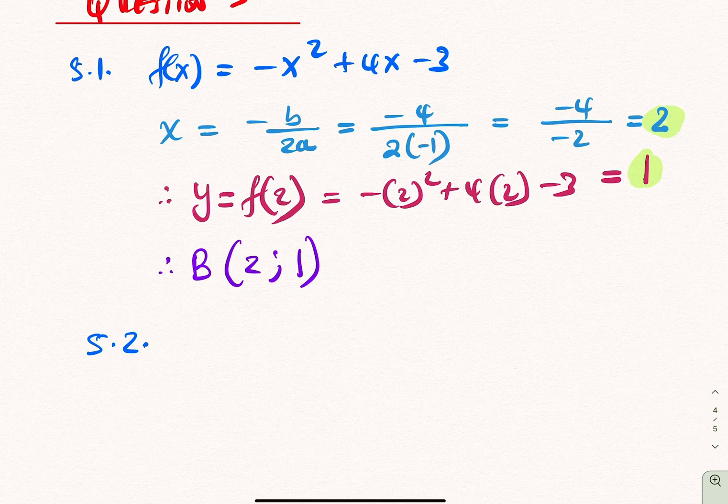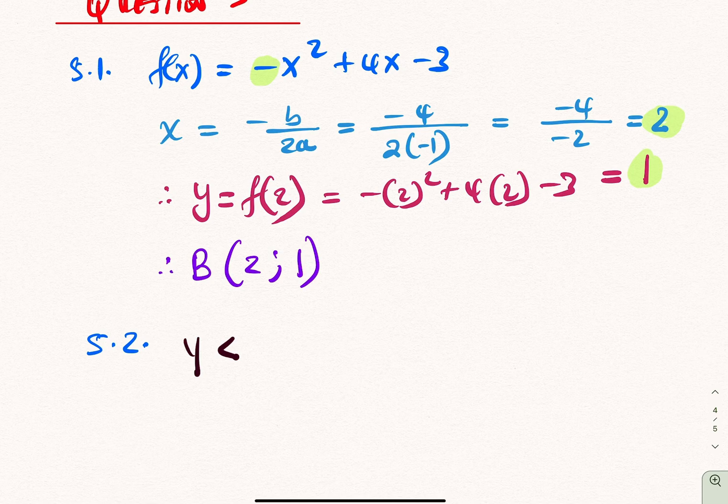Well, there are many ways to represent that. Your range is basically your y value of the turning point. It's the maximum y value. But check if the coefficient of a is negative, you are going to have y less than.